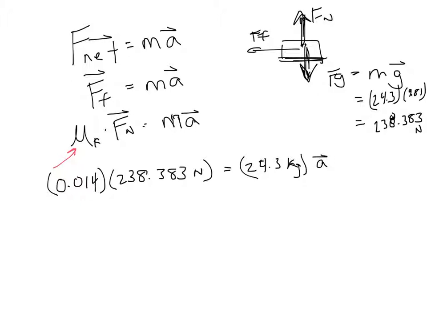Now, in actual fact, we should be mindful of the fact that friction is actually negative. So this is actually a negative value, and when we come to our final answer, we're going to want to use the right direction when we summarize it. So let's just solve here for acceleration.